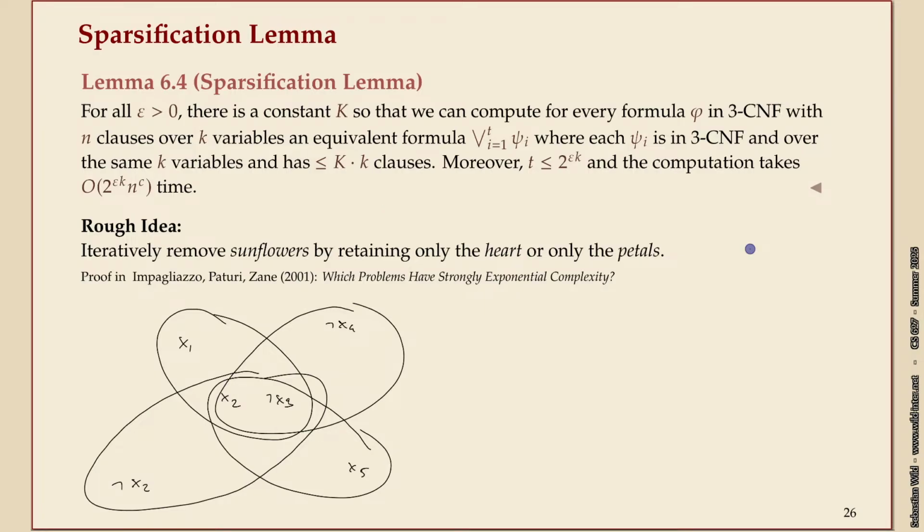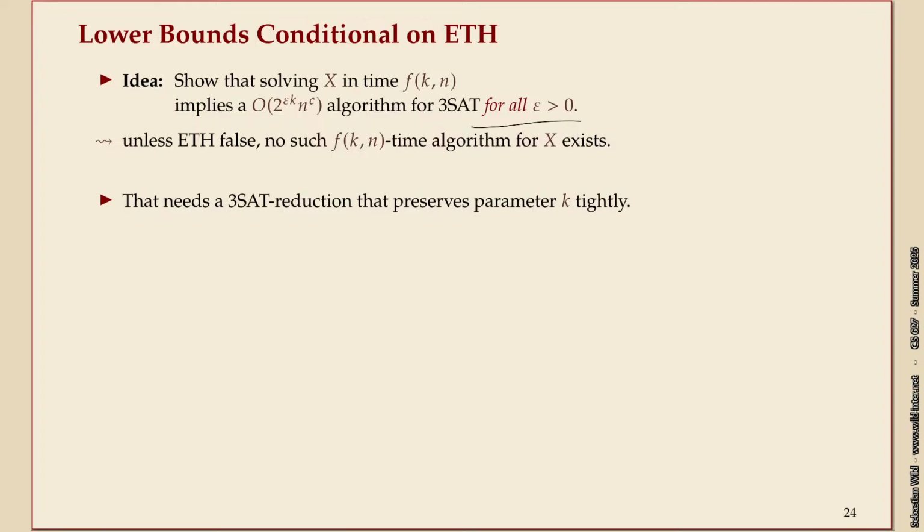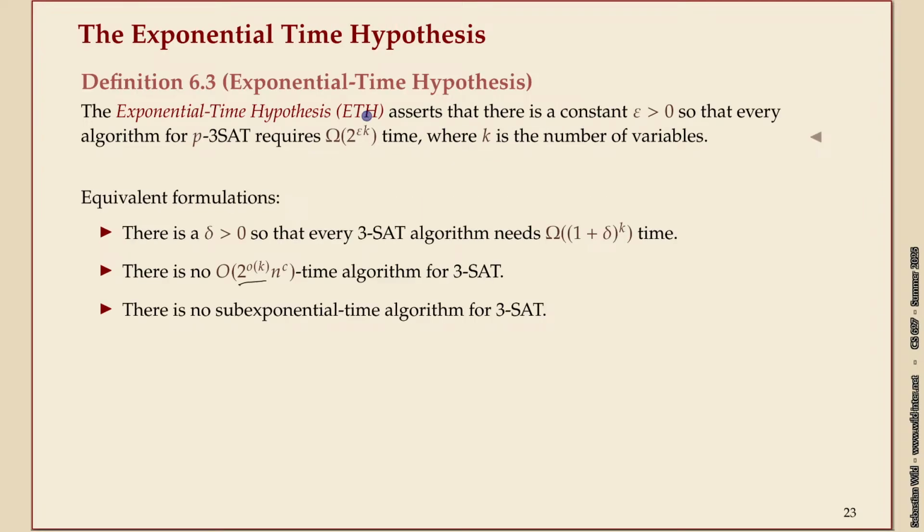Now, before we formally show this next time, let's briefly see why this is useful. The magic part here is that we take one 3-SAT formula and get potentially many 3-SAT formulas, but each of them is small in terms of the number of variables that we had before. And that ties nicely together to ETH. The exponential time hypothesis said nothing about the size of the formula, the number of clauses.